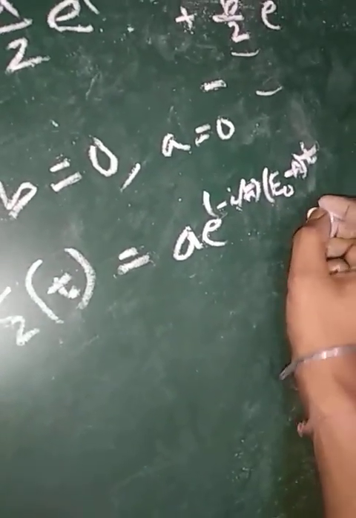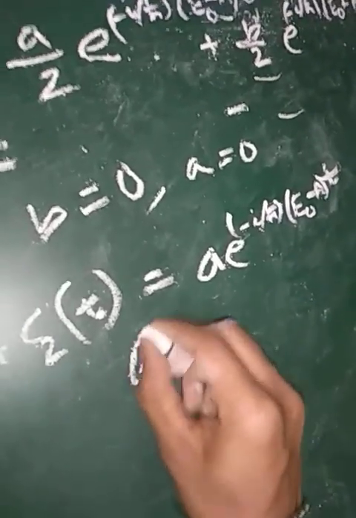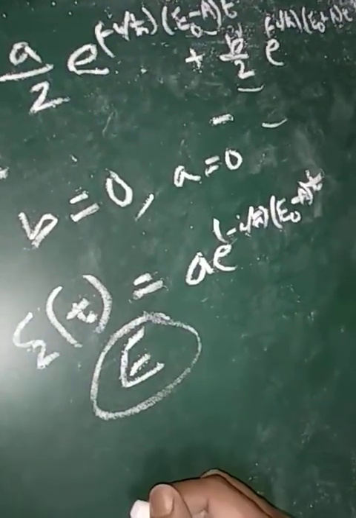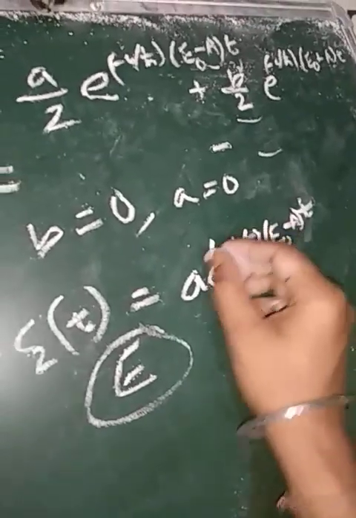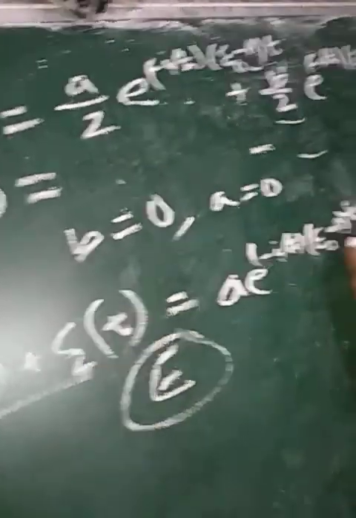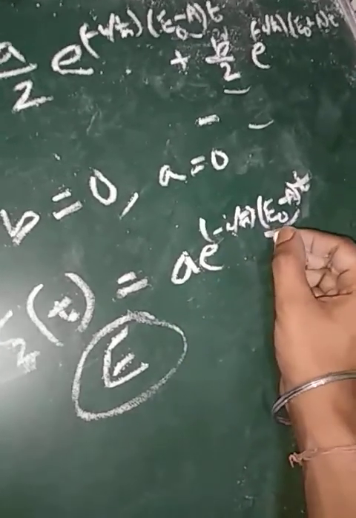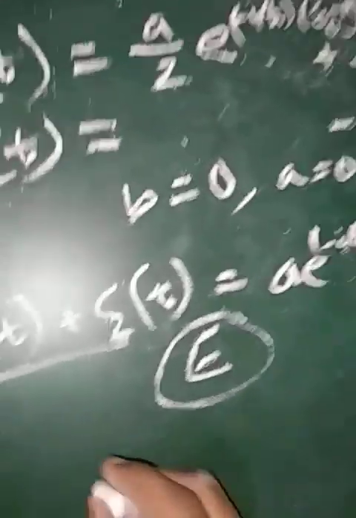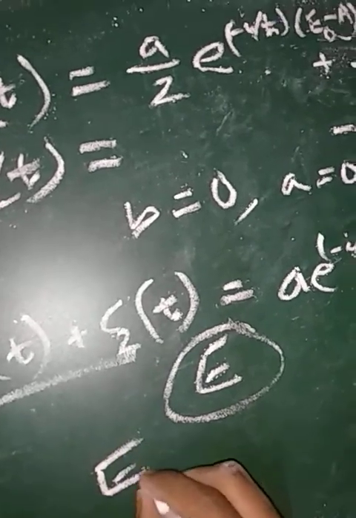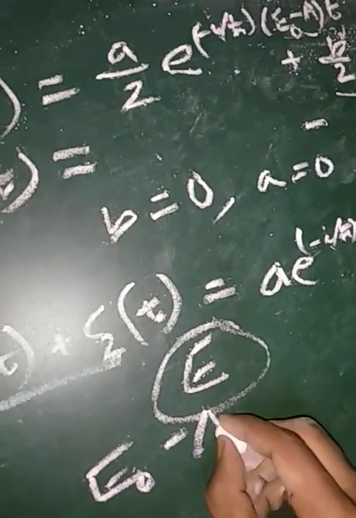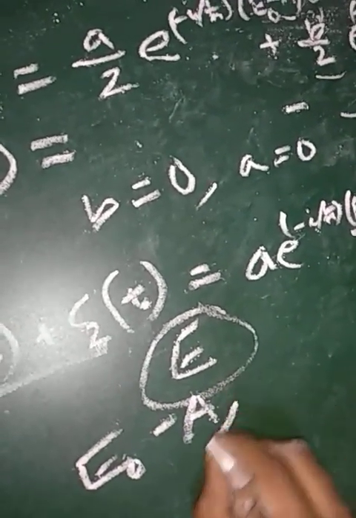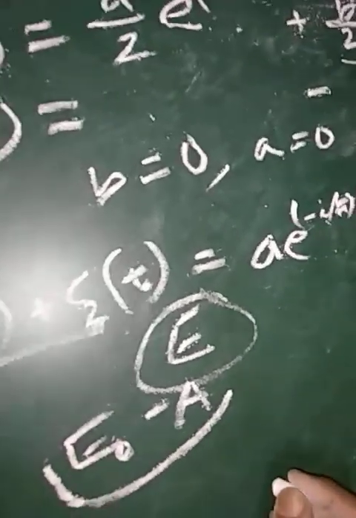Exponential evolution is generally seen in a stationary state with a given value of energy. So this may correspond to a given value of energy, and if it corresponds to an energy, then it will be E naught minus A here. We'll later show that this corresponds to a new state in which the system can be analyzed.